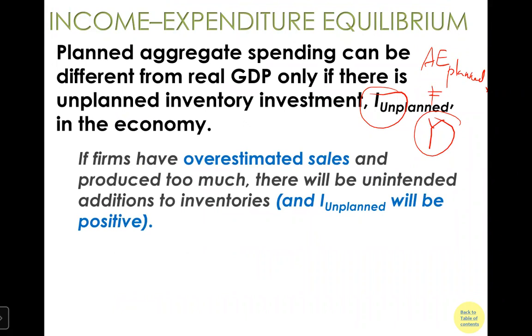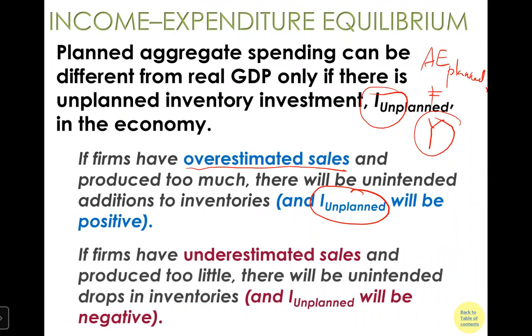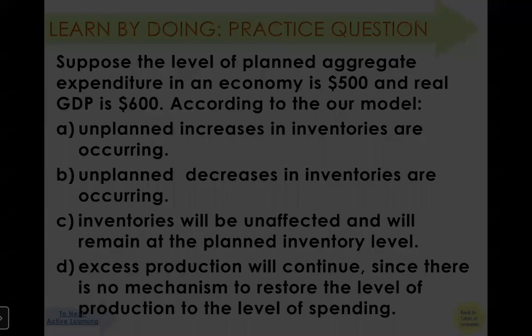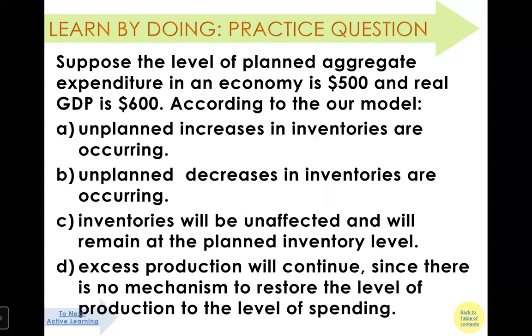If firms overestimate sales, the I unplanned will be positive, but then the way they adjust is going to reduce. On the other hand, if they underestimate, this number will be negative. Right? So now let's look at a practice question so that we can reinforce what we just learned.